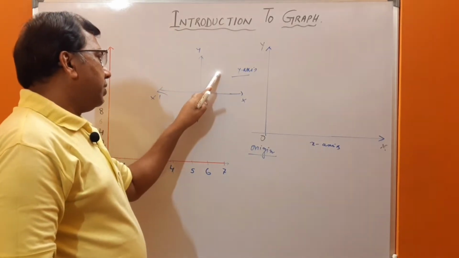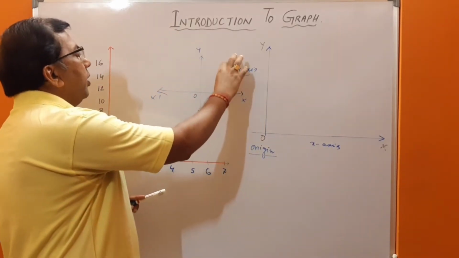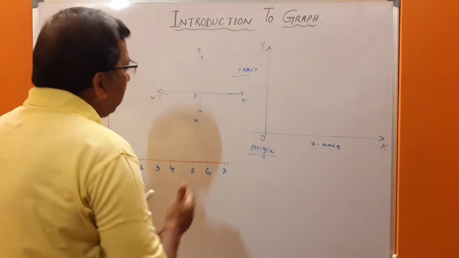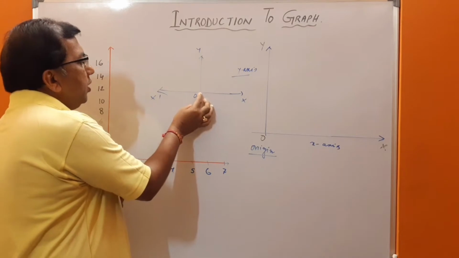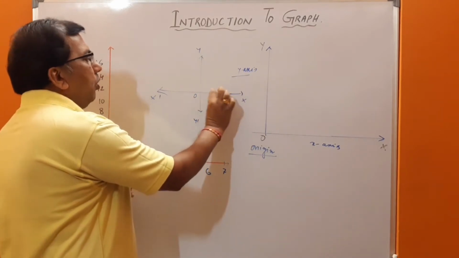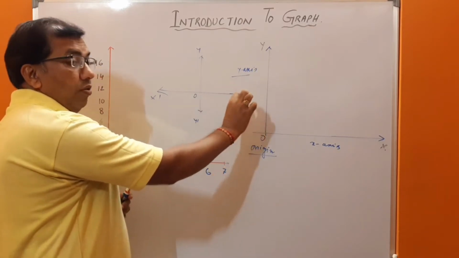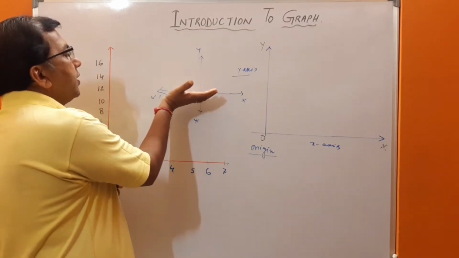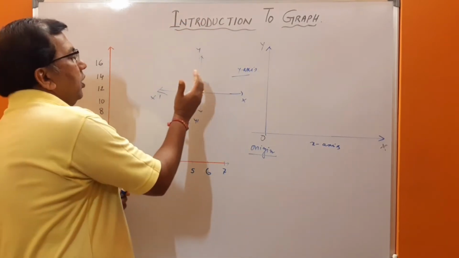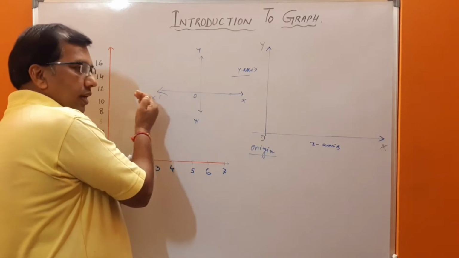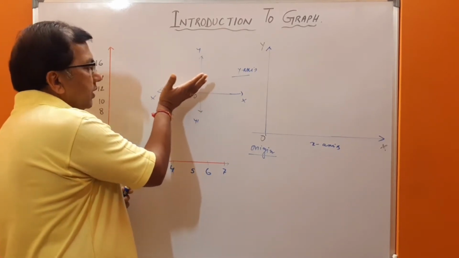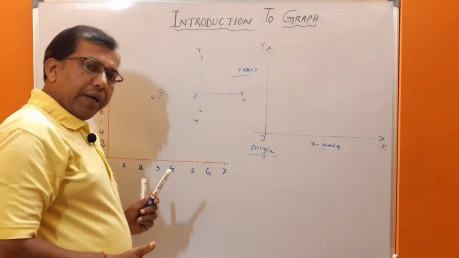In the first quadrant, all the values of the point will be plus and plus, because if we move from the origin towards the right side of the x-axis, x will be plus, and towards the y-axis upward will be positive. From the origin to the left along the x-axis, it will be minus. From the origin along the y-axis downward, it will be minus.